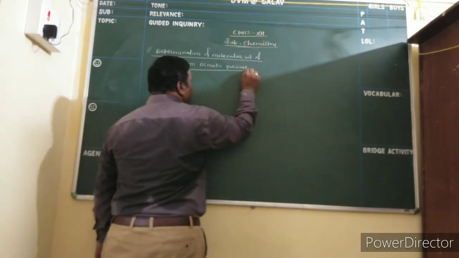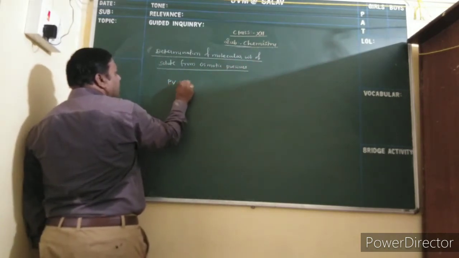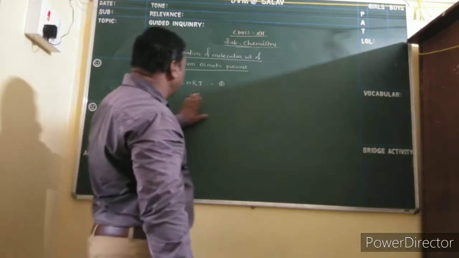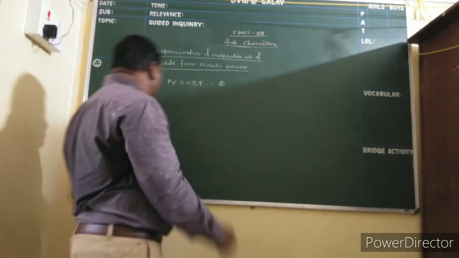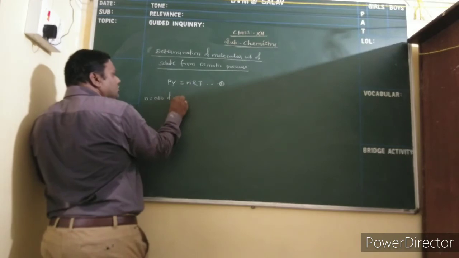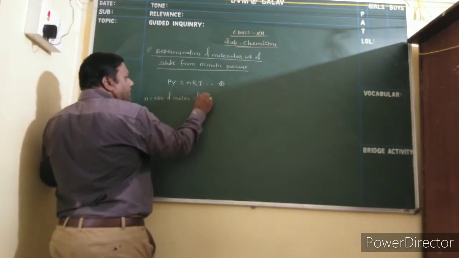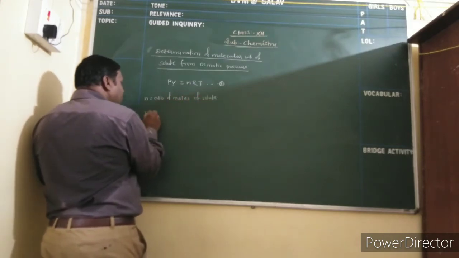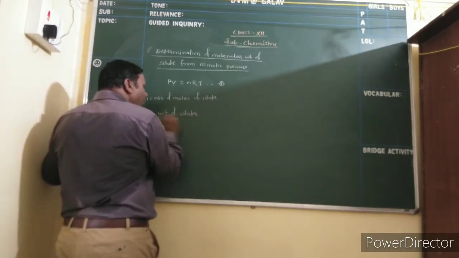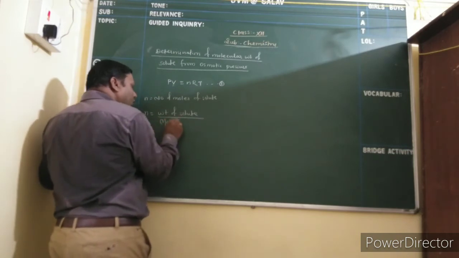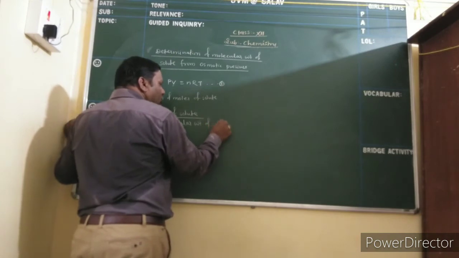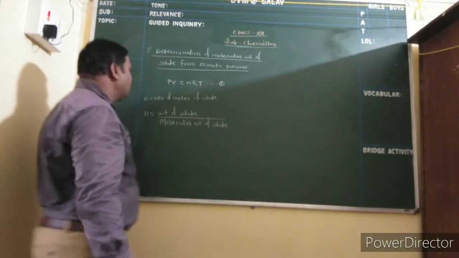So you know very well PV is equal to nRT. It's a simple equation. Now n is number of moles of solute. So n is equal to weight of solute upon molecular weight of solute.